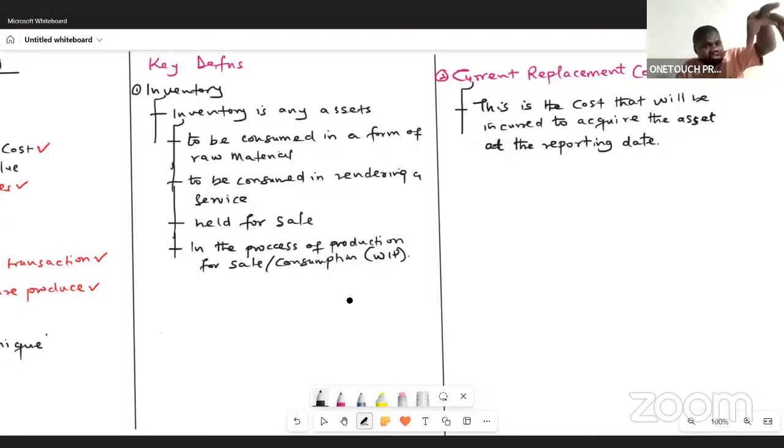At the end of the year, if you are to acquire the assets, or at any point in time, if you want to get the current replacement cost.